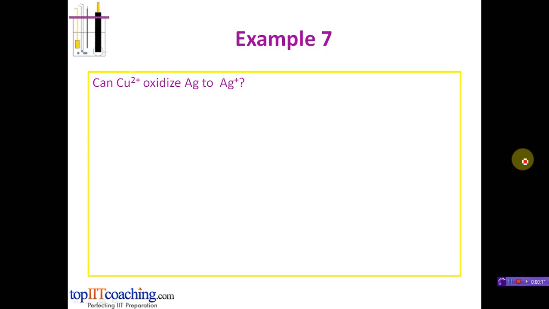The next question is, can copper ion oxidize silver to silver ion? Now we know that oxidizing agent itself gets reduced while oxidizing the other reactant in a redox reaction. So we can put the question as, can silver reduce copper ions?